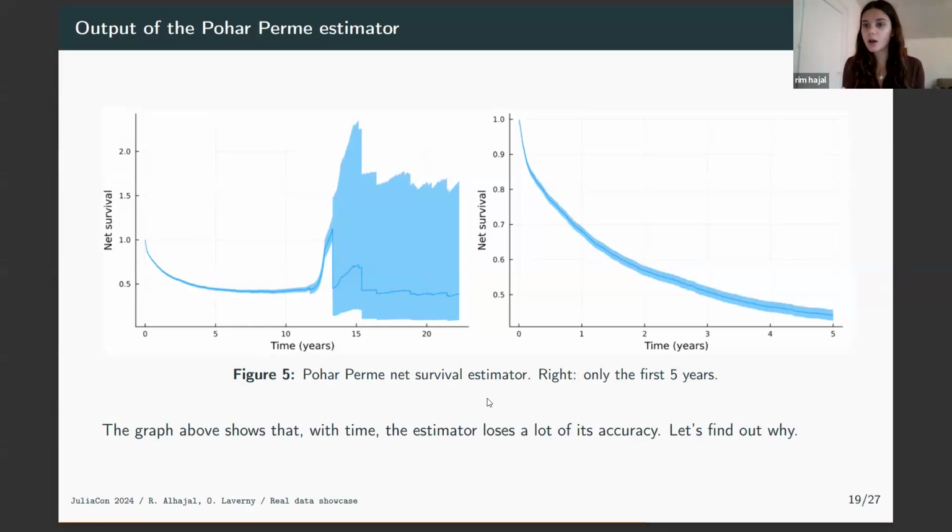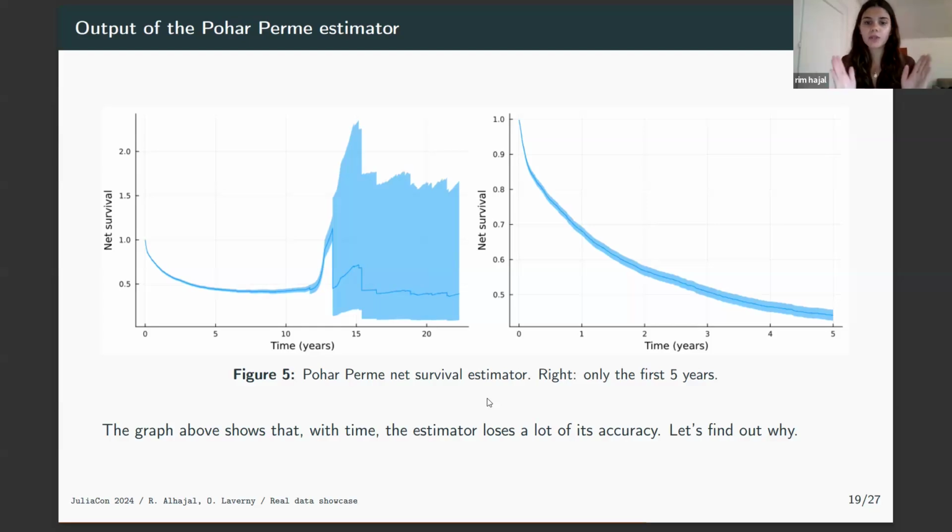The estimator becomes less accurate with time. The hypothesis is that we are losing a lot of patients due to cancer, and so most patients are dying from other causes, and it's making our estimator a little unstable.